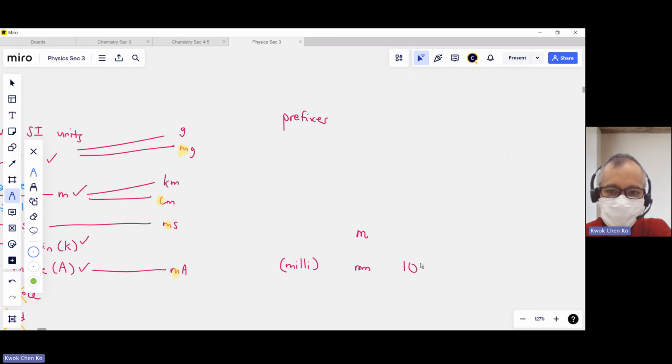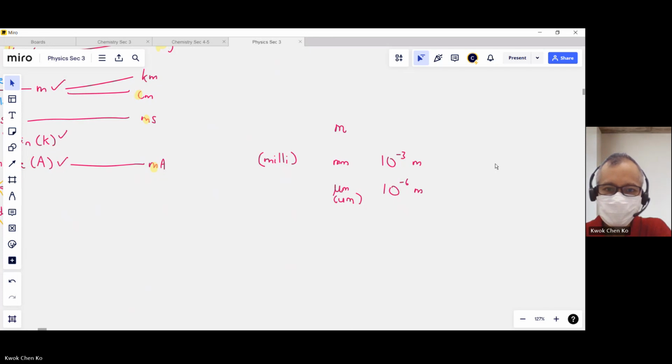Now this is 10 to the power minus 3 meter. Micrometer. Note how it is written. Occasionally, you also see micro represented by u. And this is 10 to the power minus 6 meter. So this is the spelling, but this is the symbol.